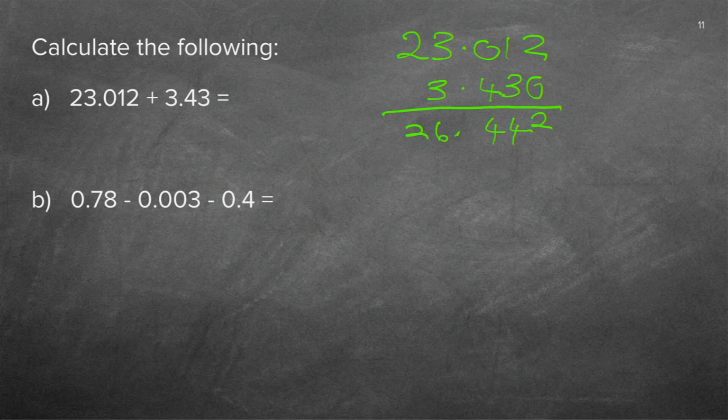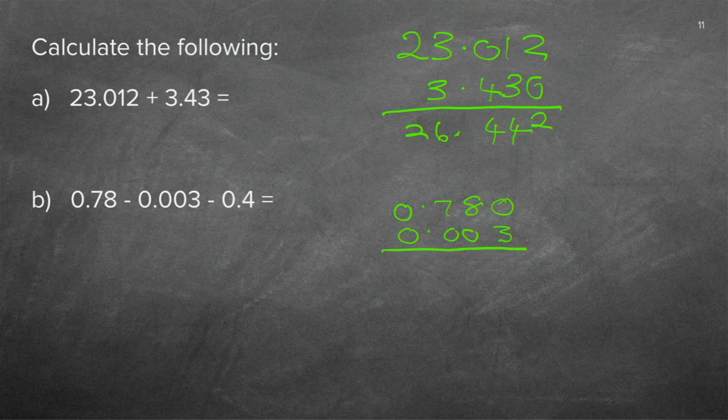Now the next one. The same rule applies. We just have 3 numbers now. So we've got 0.78, 0.003. Now remember, it's important to make sure that we don't confuse ourselves. So we're just going to add a 0 to make sure that we work with 3 decimals.